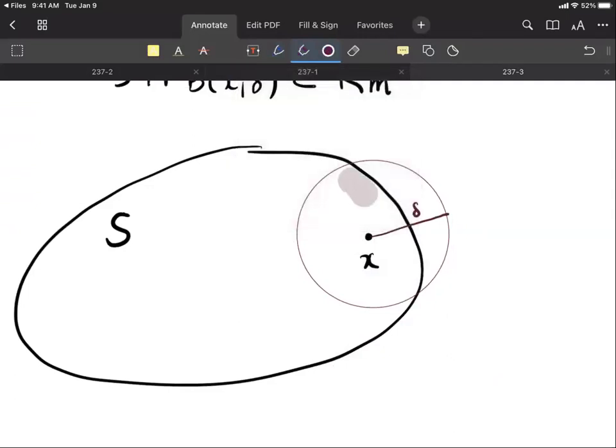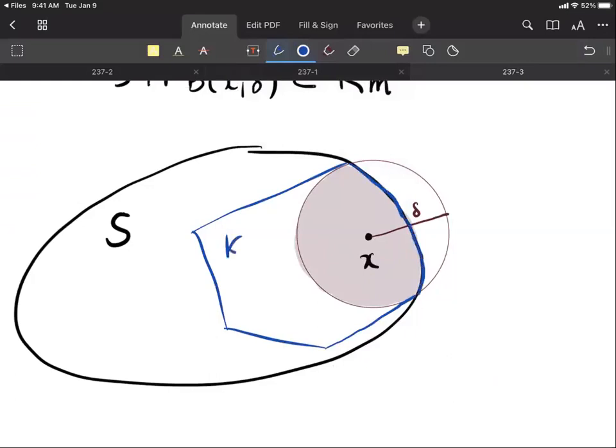So let's say the intersection would be this region here. And this intersection should be contained in some compact set. So let's say I have this compact set here, including this part, the boundary. This is K_m.